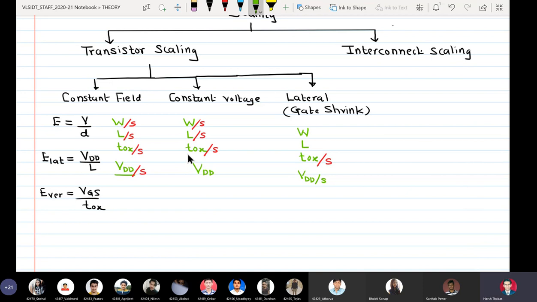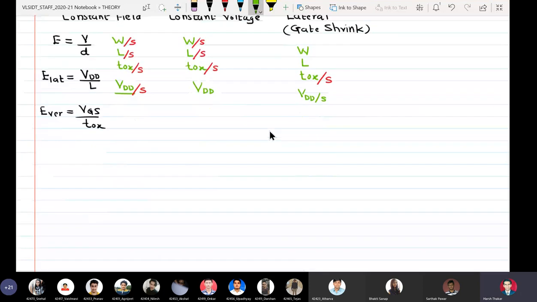Sometimes area reduces, power dissipation reduces, but the operating frequency actually reduces. That is why constant field scaling is said to be the best because it gives us enhancement in all three design metrics, that is speed, area and power.